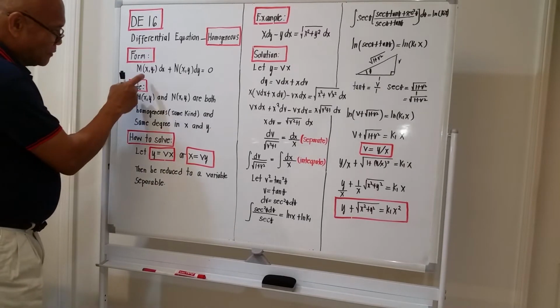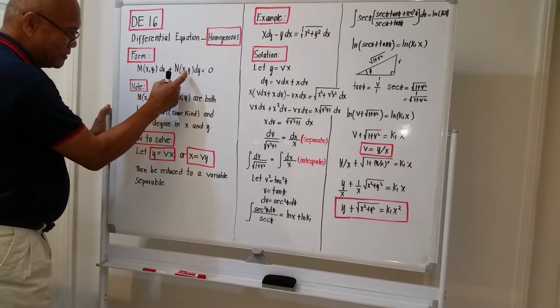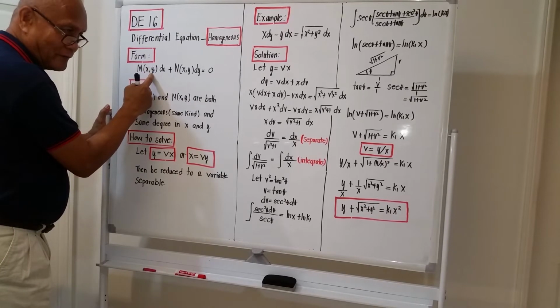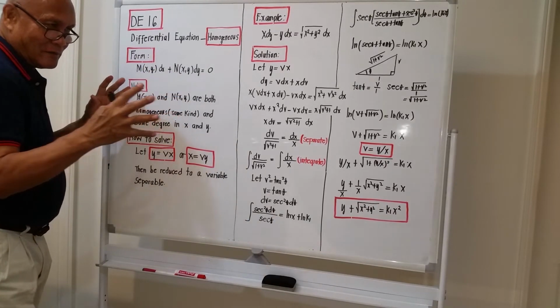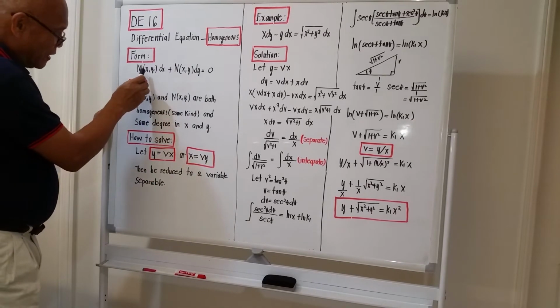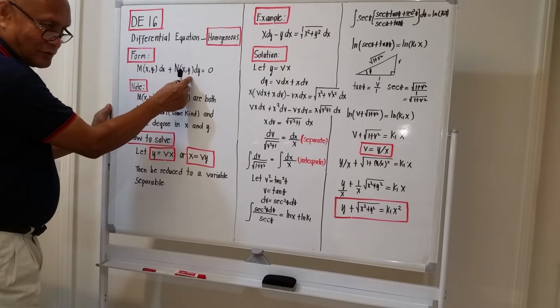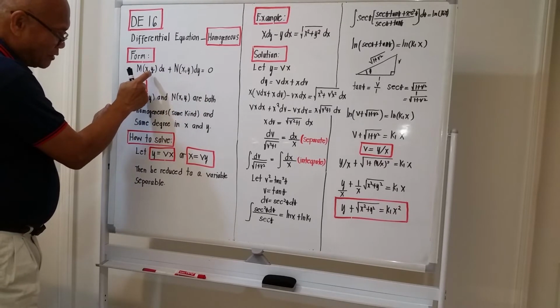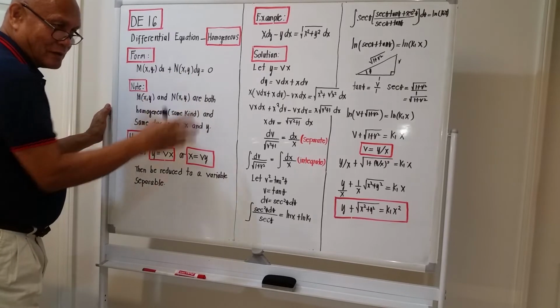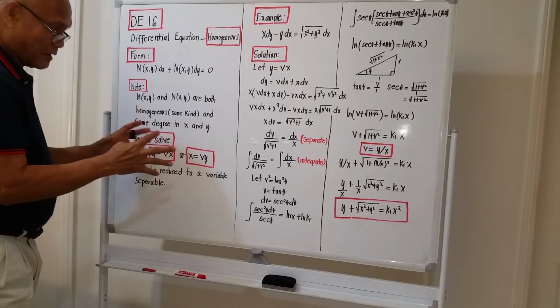Meaning, if this is linear, this should also be linear. If x is linear, y should also be linear. That's the meaning of the so-called homogeneous. So if there is a linear in x, there should be a linear in y also. And if there is quadratic in y, there should also be a quadratic in x. Meaning their degree will be the same.